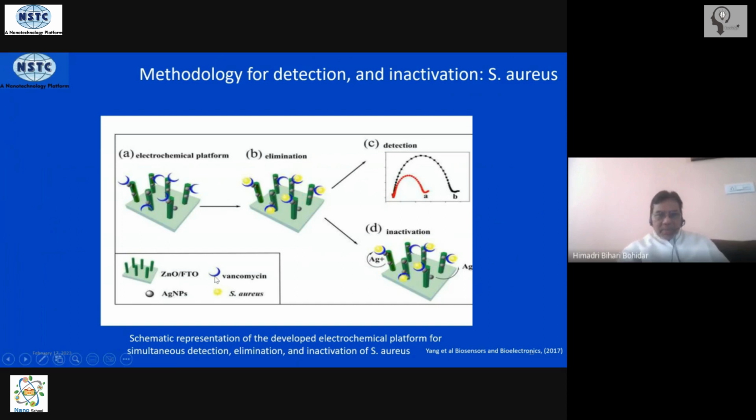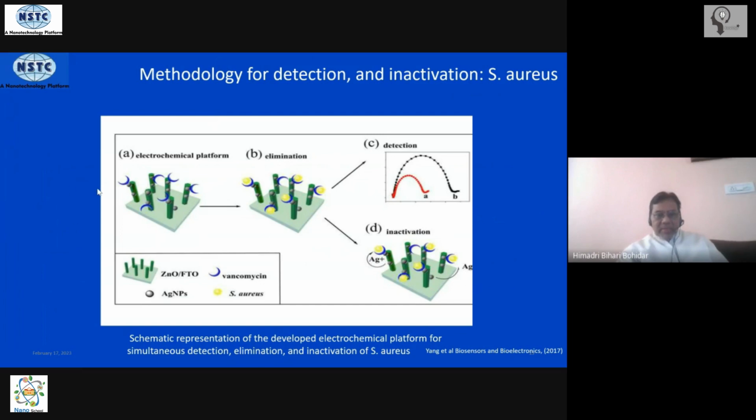So we have the electrode surface. On that, we are going to have these zinc oxide rods here. And on that, we put this antimicrobial chemical, vancomycin, which is attached here. And on these zinc oxide rods that you see, we are going to have silver nanoparticles sitting.